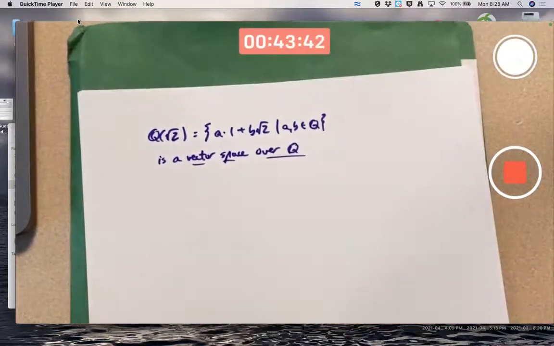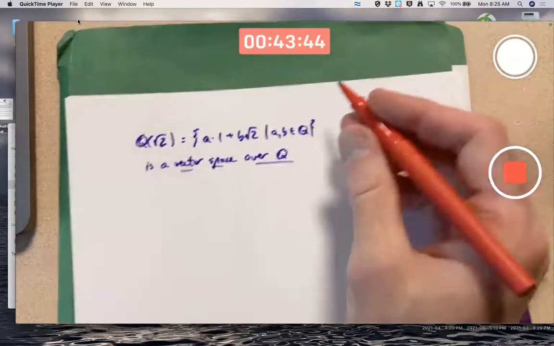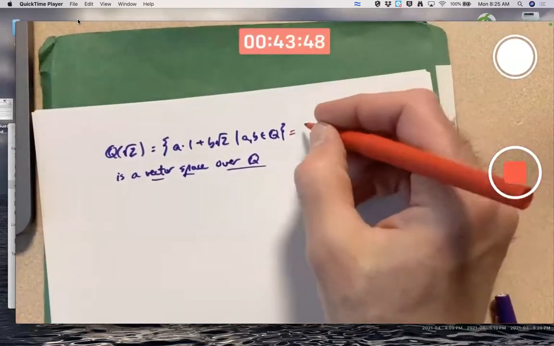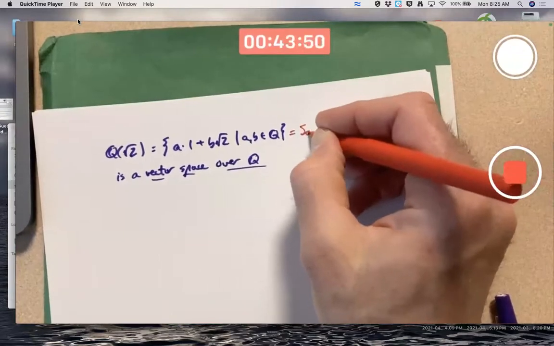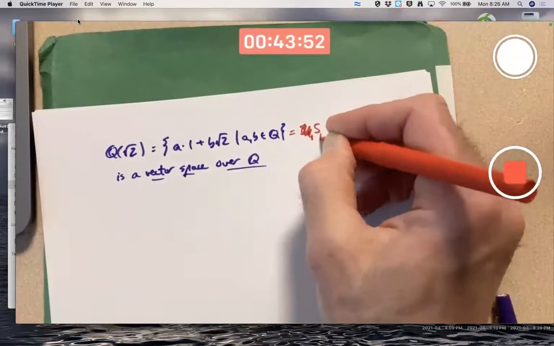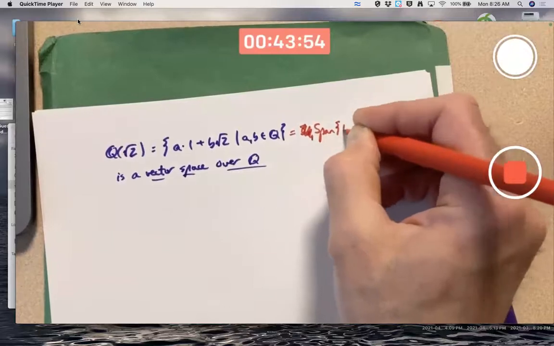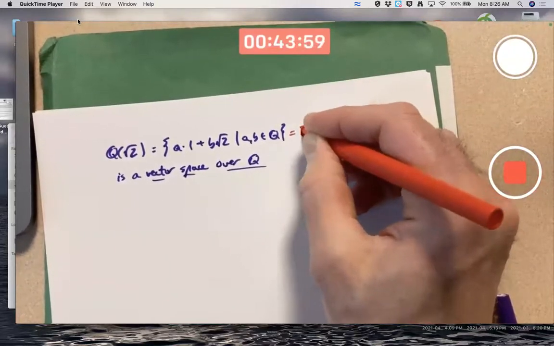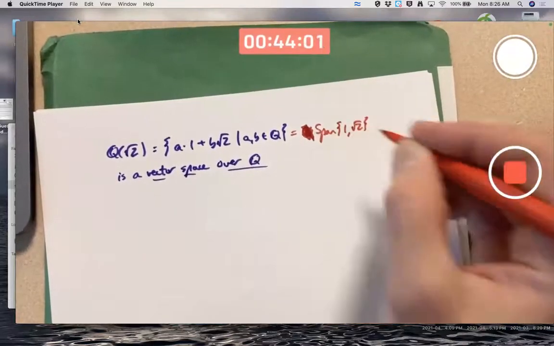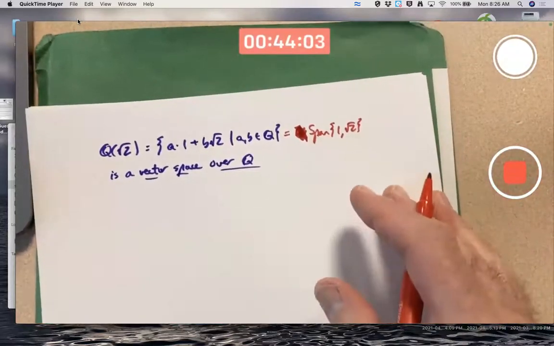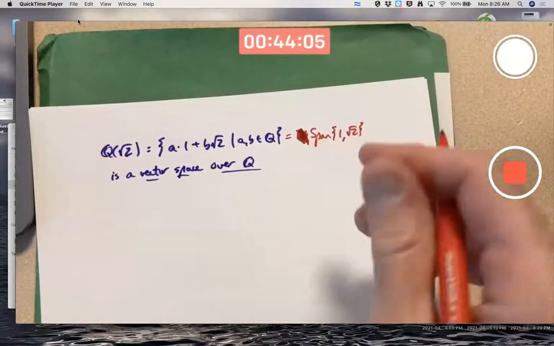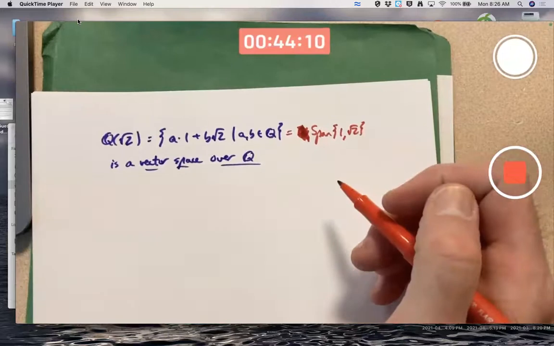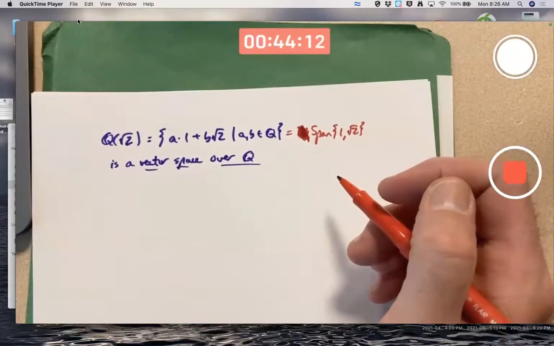In fact, using notation from your linear algebra book, we could call this span of 1 and √2. Remember span, your old friend span? I'm smiling. Your old friend span from linear algebra, right? The thing that always made you feel kind of scared. What is span?